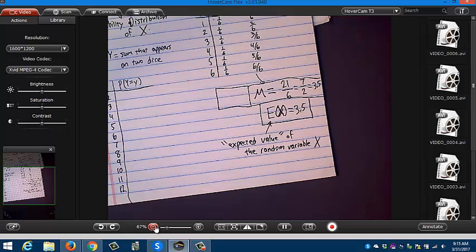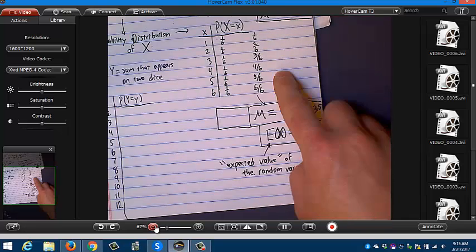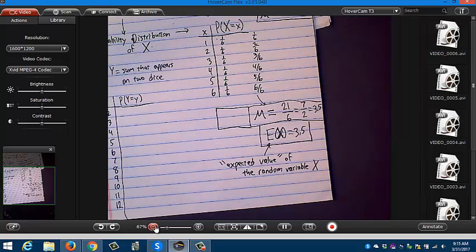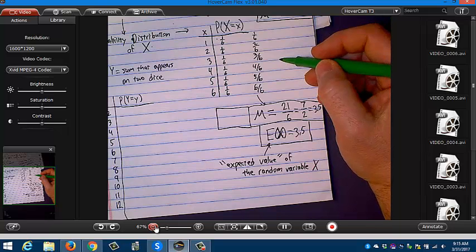I mean, when you roll a die, does anyone expect you're going to roll a 3.5? No. But what does it mean? You guys, I did a graph for the other probability distribution for Y. If I were to do a probability histogram here, what would it look like?